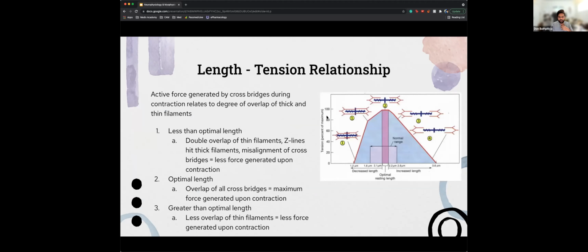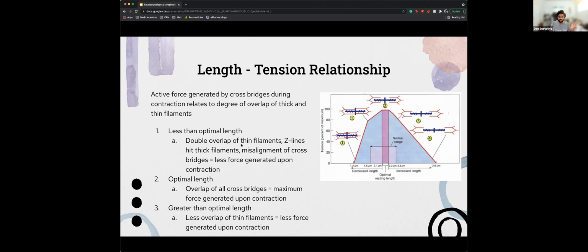Now, the length-tension relationship. Again, this is something that you can do with the bicep curl. It's basically that at certain points, you have the optimal amount of strength coming out, right? So depending on how stretched out or how contracted your muscle is, you will have a different amount of force generated.